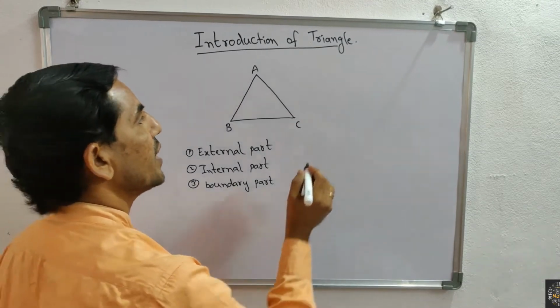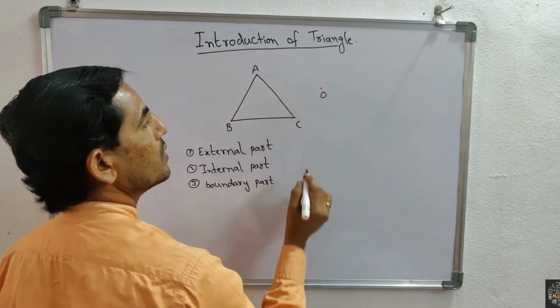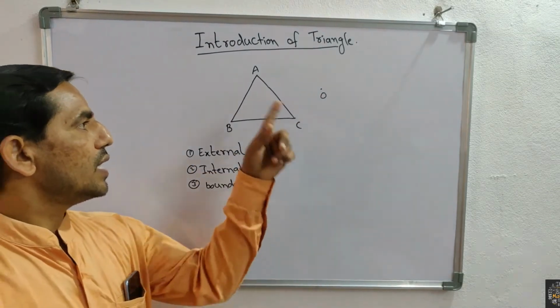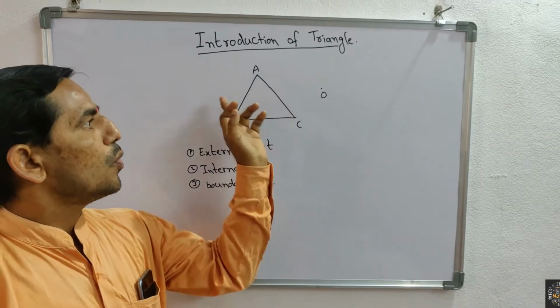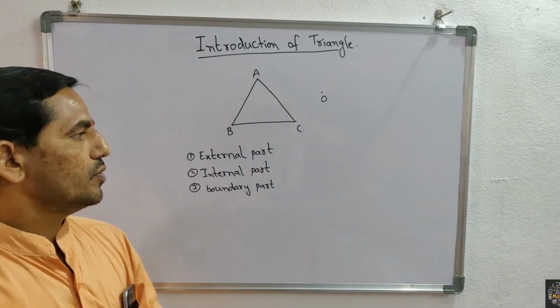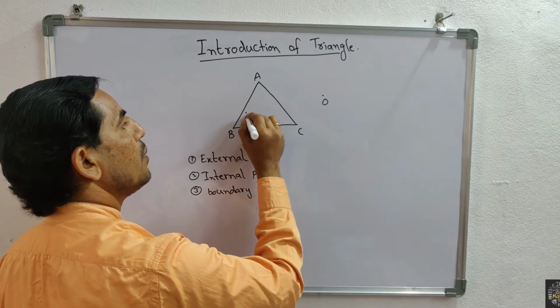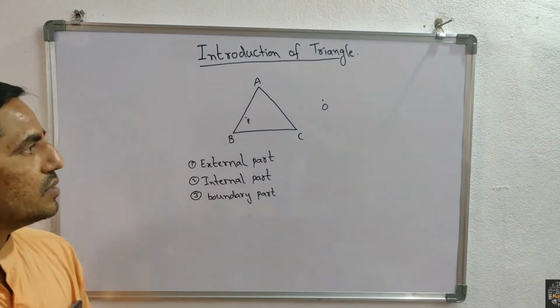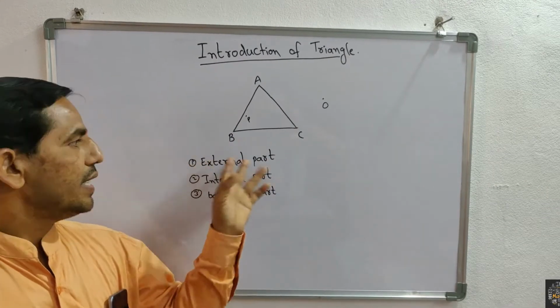For example, I am taking one point here, this is point O. Where is point O on the whiteboard, that is, the plane? Point O is outside of the triangle. Next I am taking one more point here, point P. Point P is inside the triangle, the internal part.